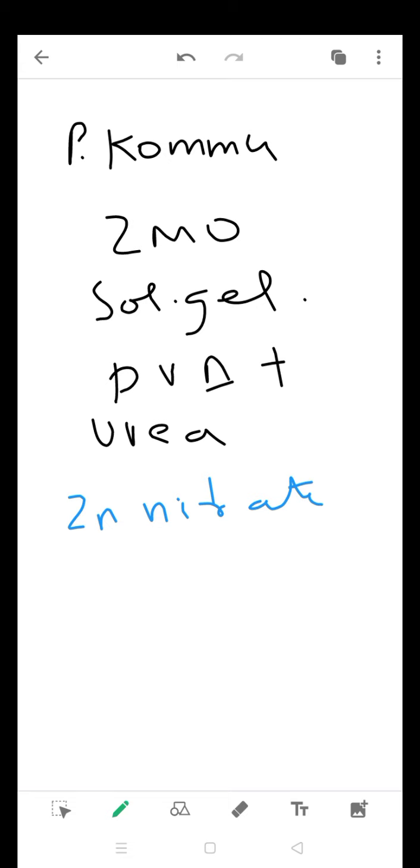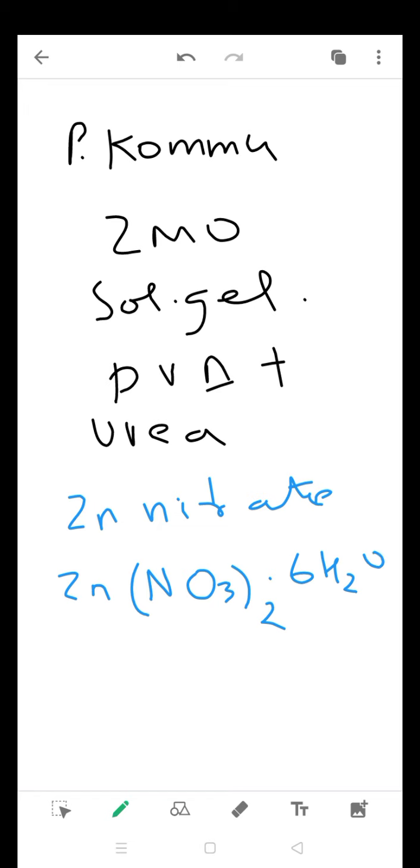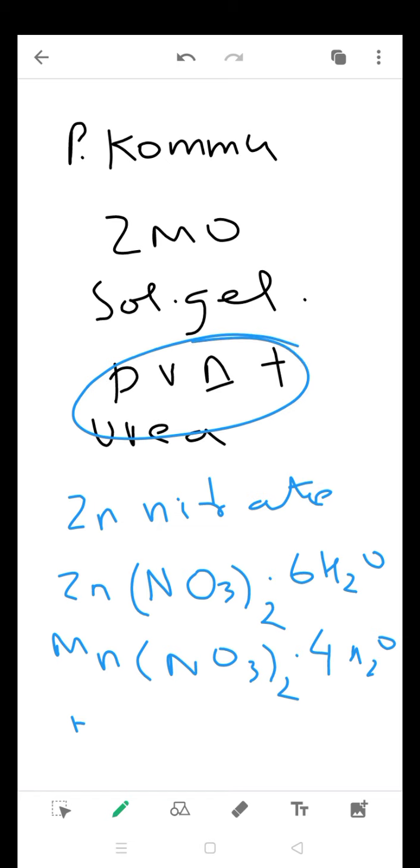So the zinc nitrate formula was Zn(NO3)2·6H2O, where 6H2O is the aqueous part, and you had the manganese nitrate also, which is the same thing, Mn(NO3)2·4H2O, and PVA and urea were already there.